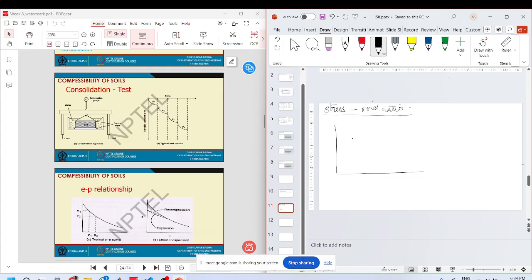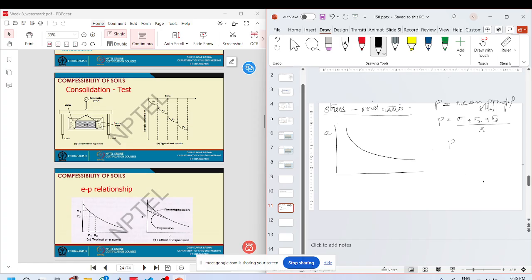normally if you talk about soils, the relationship between void ratio and the stresses, see the e-p relationship here. P here is mean stress, which is equivalent to sigma 1 plus sigma 2 plus sigma 3 by 3.